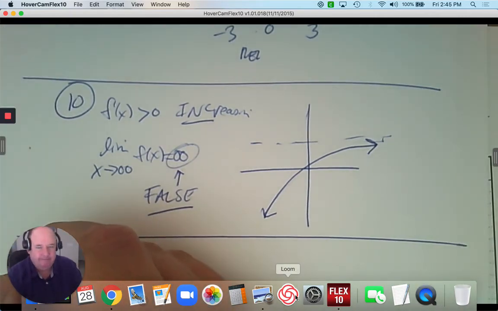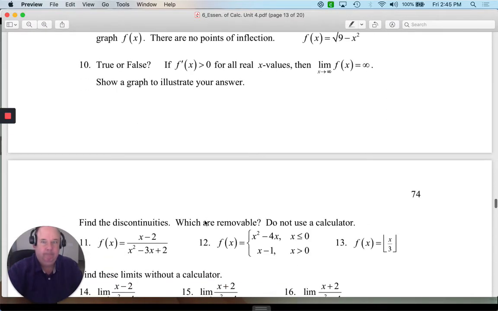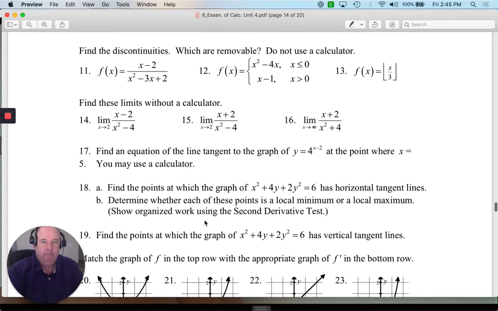Number 11. It says find the discontinuities. So for number 11, just set the denominator equal to 0 and solve it. This one isn't bad because you can factor it. So I need you to factor it and then take each factor and solve it.